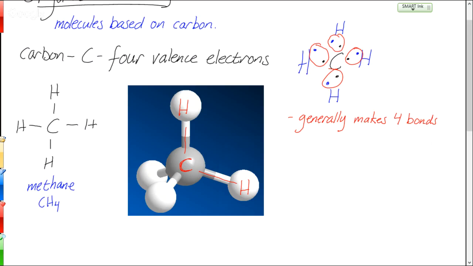And then for the other two, we'll use some notation to show that one of those is actually meant to be coming out of the paper and the other one is meant to be going back behind. And the notation we use is a wedge-shaped bond like this that's colored in to indicate the one that's coming out. And then we use a dash line like that to indicate the one that's going back.